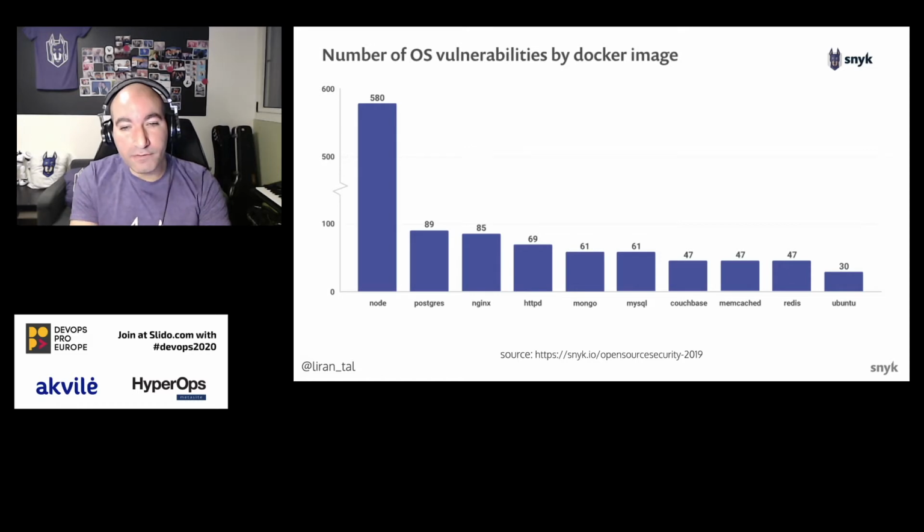We'd find that all of them have at least 30 vulnerabilities included in that latest tag, the default tag for Mongo, for MySQL, for all of this. So this is probably not the best idea, as you can already imagine, to bring vulnerabilities into your Docker image by default, just like doing that. So this is where we need to be very mindful of the Docker image tag that we're actually pulling in, because Docker images almost always bring vulnerabilities with themselves, so we want to be able to avoid that.